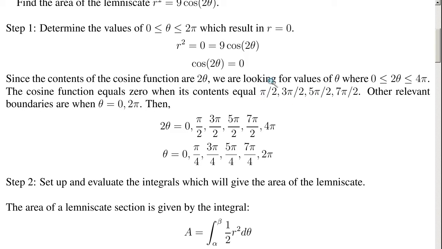So it starts with pi over 2, and with each pi, keep adding pi to get another one, and so on. But we're only going up to 4 pi, so that's why we stop here. Pi over 2, 3 pi over 2, 5 pi over 2, 7 pi over 2.